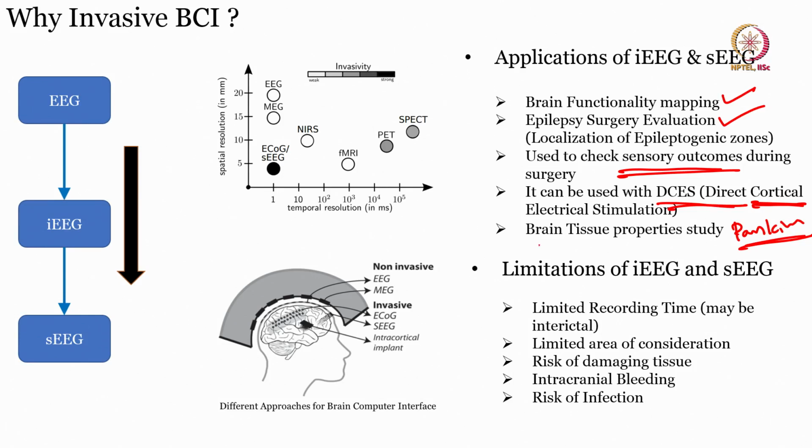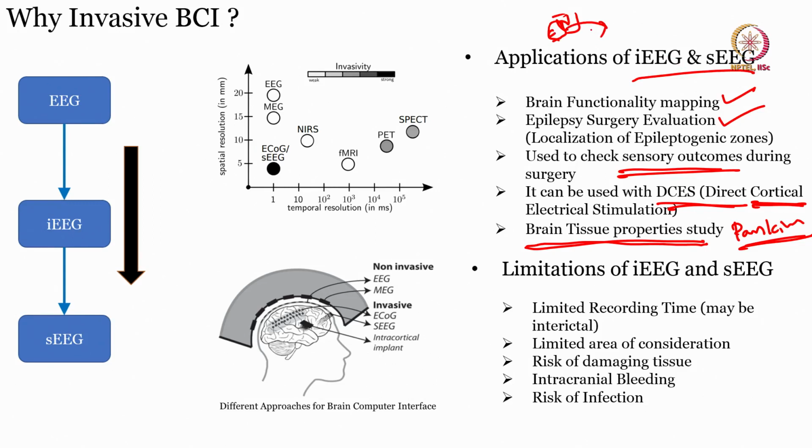One more important point is brain tissue properties. Let us say you have some lesion or tumor in your brain, so there are different types of regions in the brain. Let us say this is your normal region, this is your cancerous region. When you are doing the surgery, removing this and checking it, this would be useful, like a byproduct.